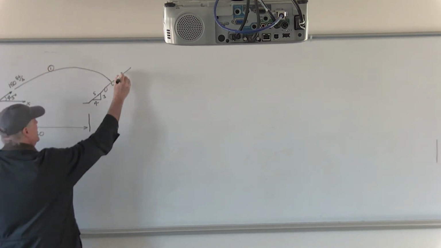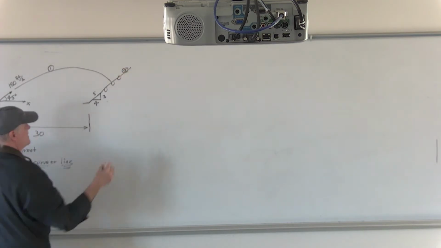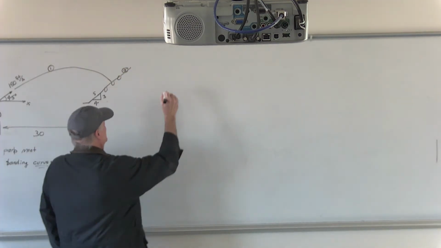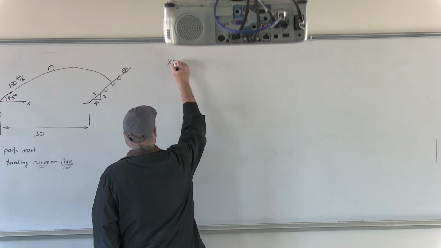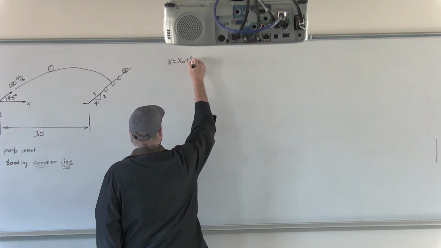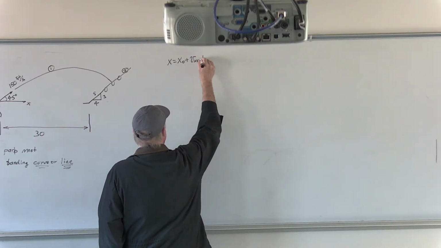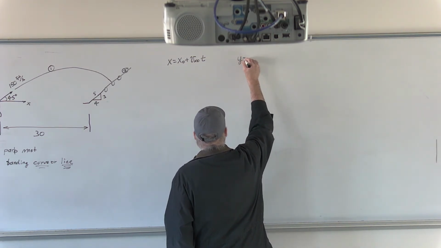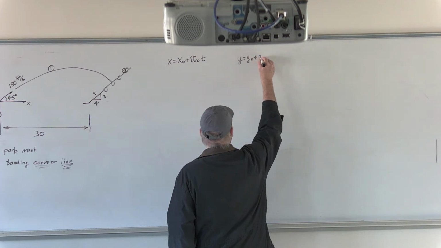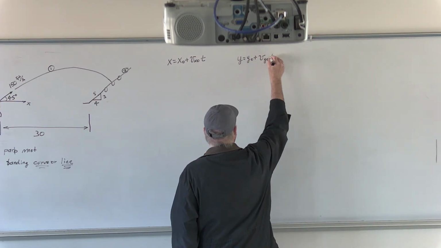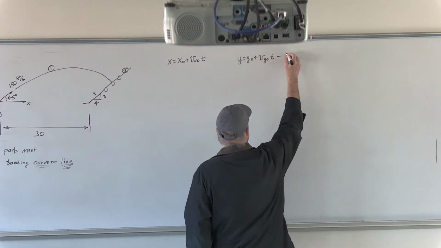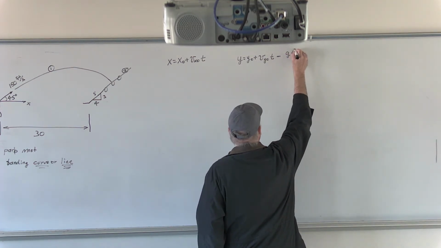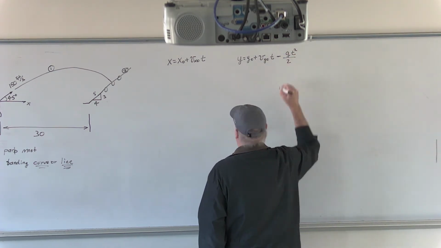And then we'll attack this equation. So parabolic motion kind of looks like this: x is equal to x naught plus vx naught t. And y is equal to y naught plus vy naught t minus the fact that gravity is pulling the thing down.